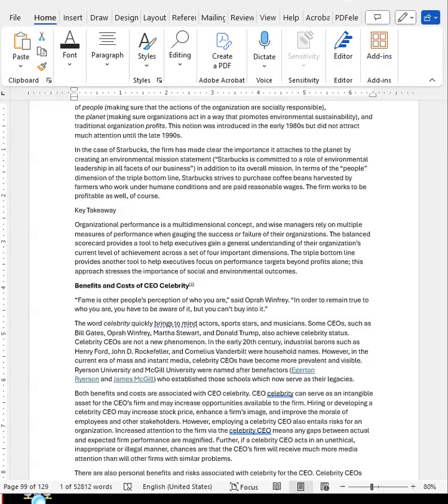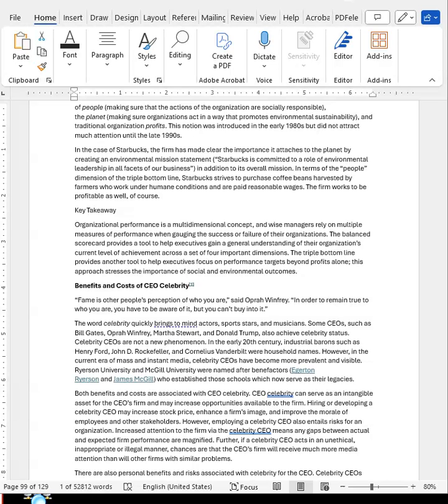Celebrity CEOs are not a new phenomenon. In the early 20th century, industrial barons such as Henry Ford, John D. Rockefeller, and Cornelius Vanderbilt were household names. However, in the current era of mass and instant media, celebrity CEOs have become more prevalent and visible.